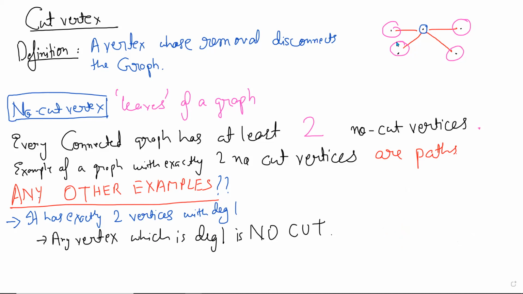So in some sense, I'm asking for examples of graphs which have exactly two vertices of degree 1. But cycles do not work, right? In cycles, actually everything is a no-cut vertex. You remove any one of them, it doesn't disconnect, as you know.